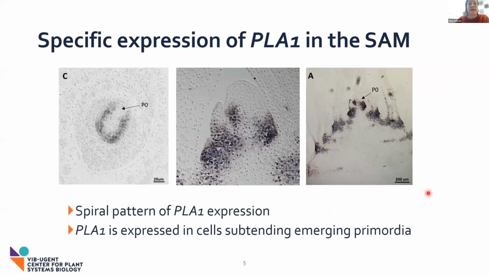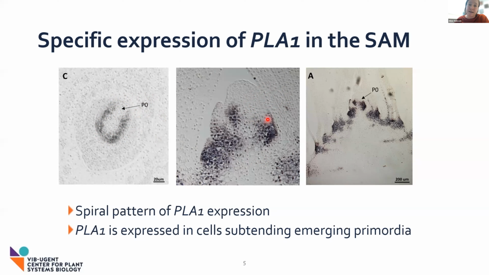We did so by using in situ hybridization with plastochron 1 as a probe. And there, in this transverse section, we found that plastochron 1 was not expressed in the emerging primordia, in the P0, which you can see from this horseshoe-shaped expression profile. And we could confirm this in transverse sections, so the absence of PLA in the emerging primordia.